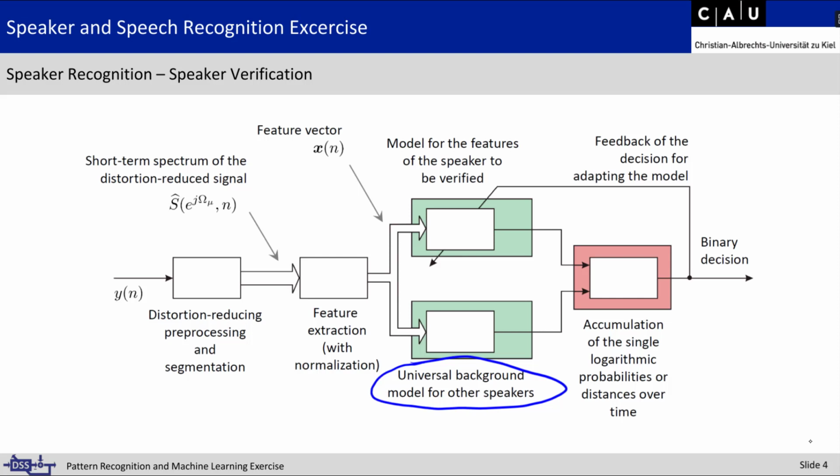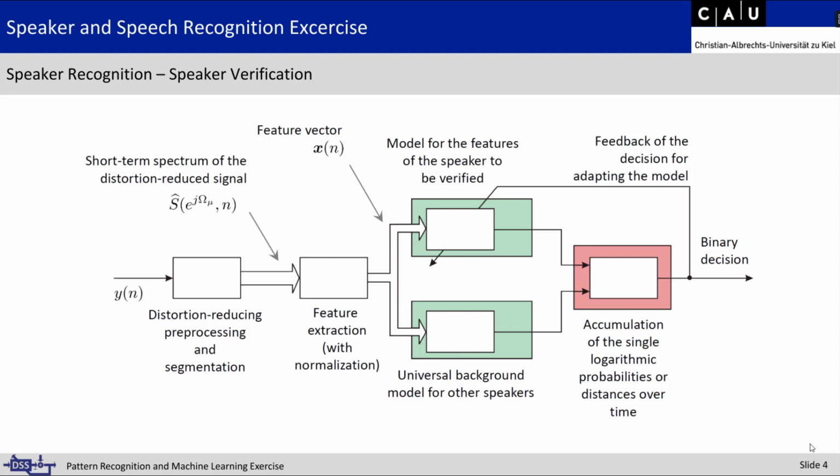So we put our feature vector in both of those models, and afterwards we compare the probabilities that the feature vector x was produced by the verified speaker model or the universal background model. If one probability is higher, it's more likely that this feature vector was generated by that model.